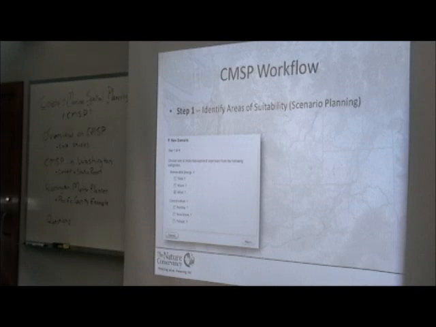Getting back to my 2-year comment, it's not going to be perfect, we're not going to have every single piece of data that we need, but that's where involvement of stakeholders, of other agencies, of tribes comes in, to be able to have that conversation and provide that information for the planning process.